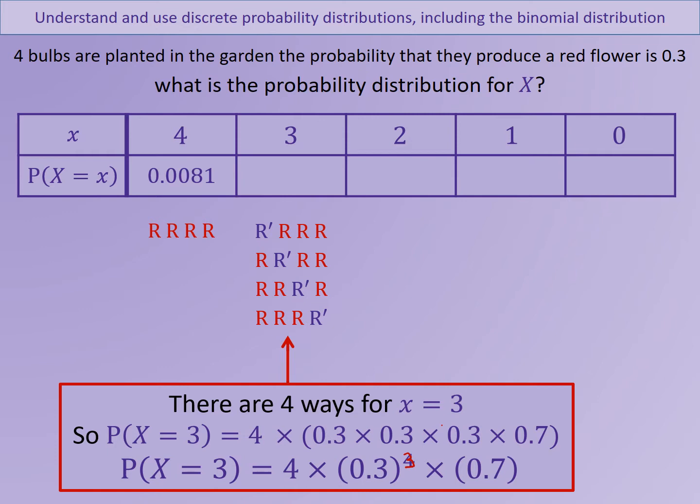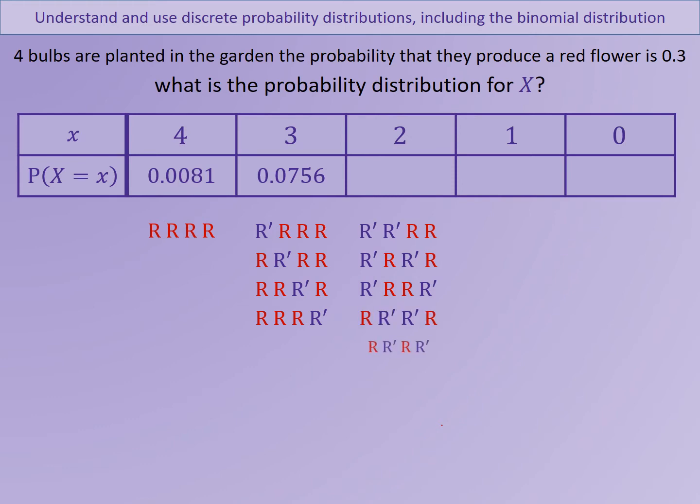So we have the probability of getting 3 red flowers is 4, that's the number of combinations, multiplied by 0.3 to the power 3, that's the getting the red flowers, and then multiplying again by 0.7, the probability of that last flower not being red. And this gives us a probability of 0.0756.